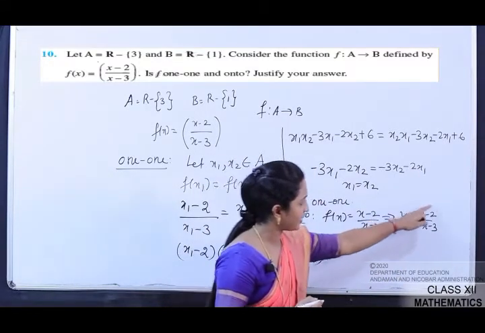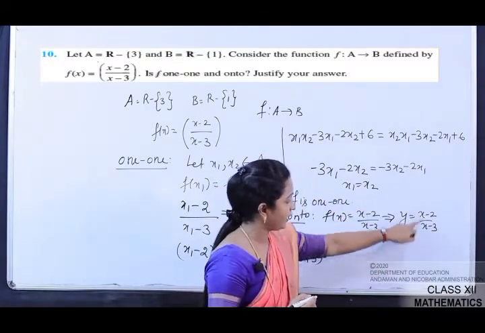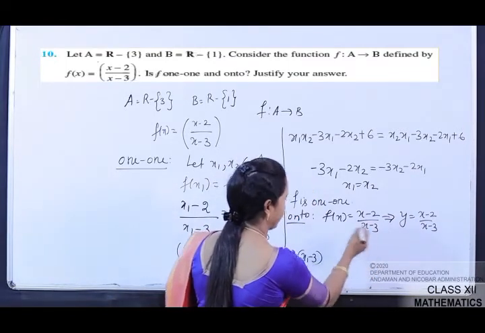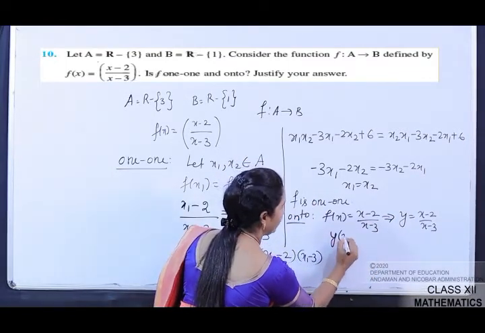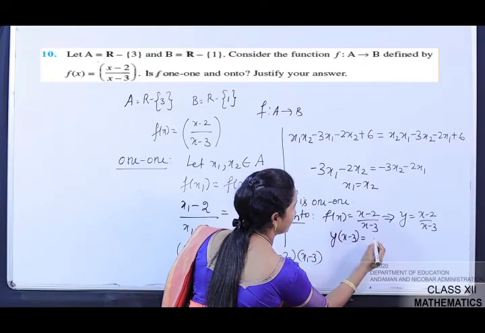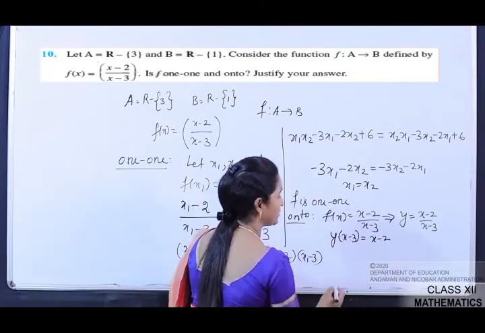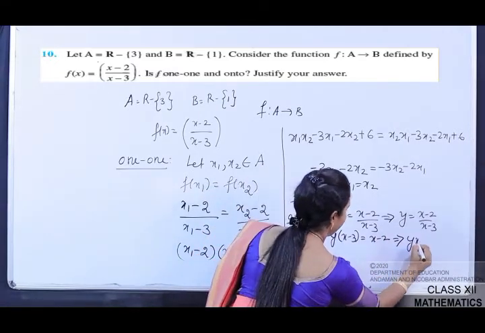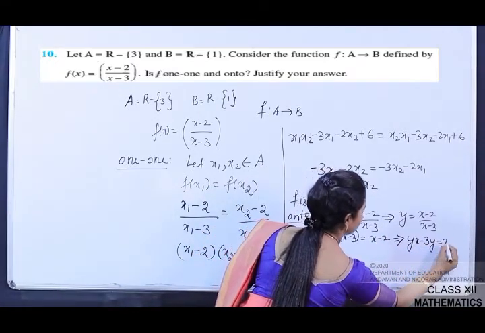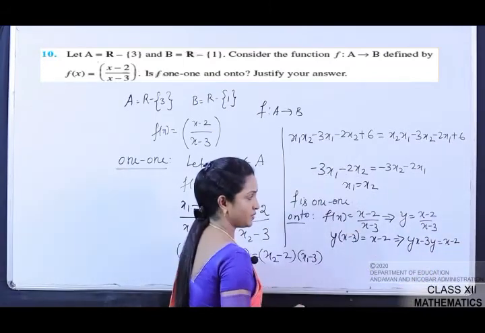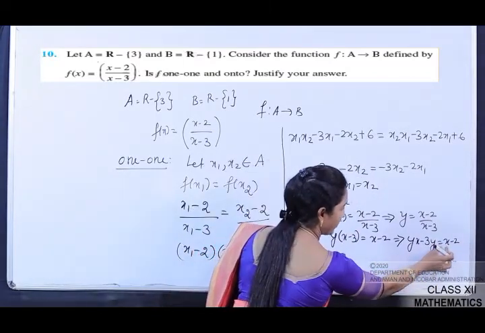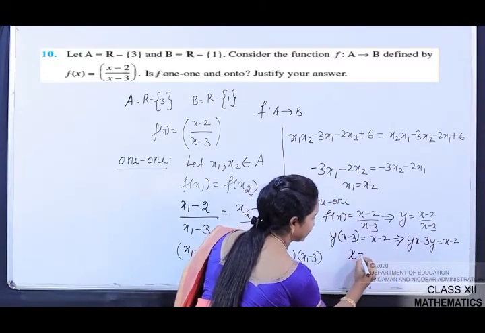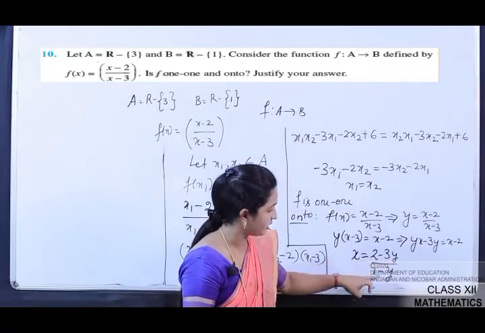Now इसको क्या करना है ना, इसको आपको x को in terms of y निकालना है. ठीक है, तो आप क्या करेंगे? जब आप इसको क्रॉस मल्टीप्लाई करेंगे आपको क्या मिलेगा? y(x − 3) = x − 2. ठीक है, तो यहाँ पे आप मल्टीप्लाई करेंगे इसको, so you are going to get yx − 3y = x − 2. ओके, सो yx और x को आप कंबाइन कर लेंगे. ठीक है, and then you have to get the value of x as (2 − 3y)/(1 − y).